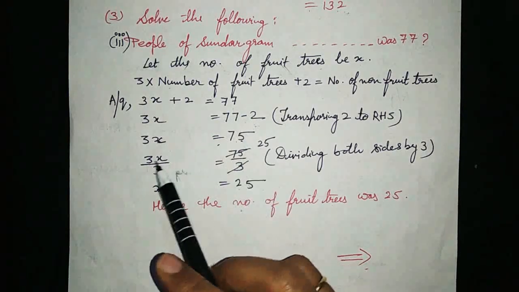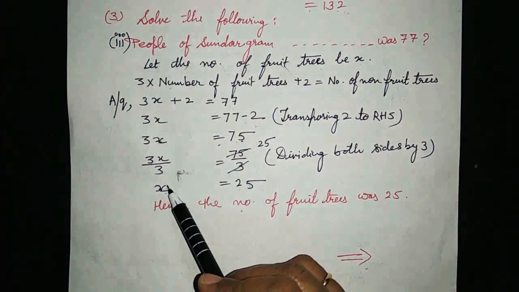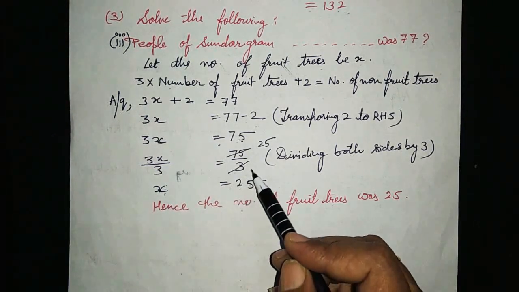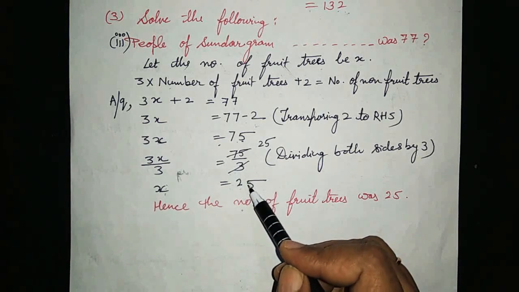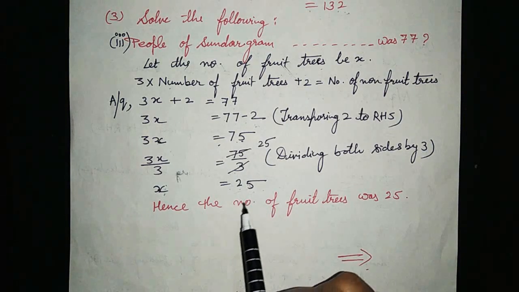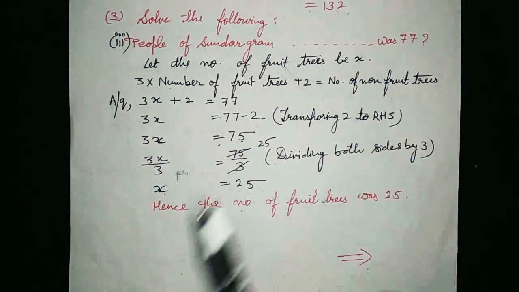So both the sides we will divide by 3. On the left hand side x will come, and on the right hand side if we divide 75 by 3 we get 25. So the number of fruit trees was 25.